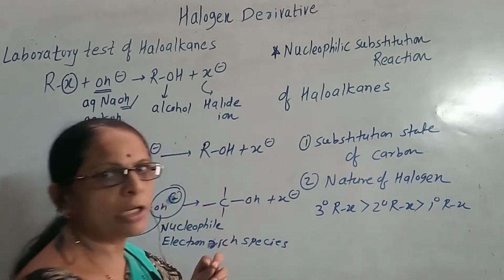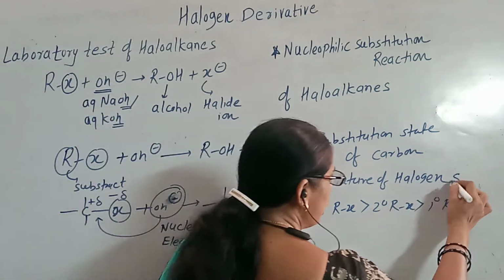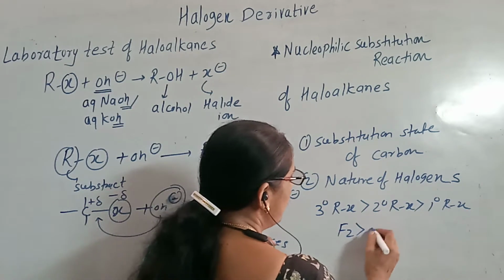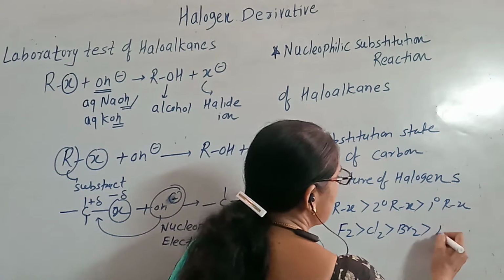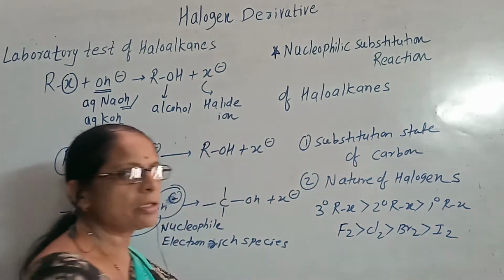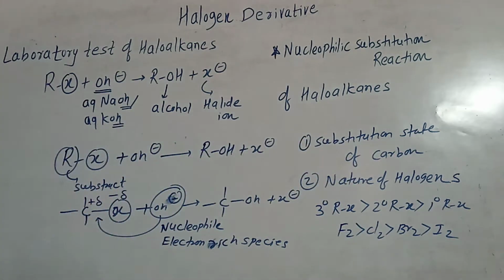Considering the nature of the halogens, fluorine is more reactive than chlorine, chlorine more reactive than bromine, and bromine more reactive than iodine. This is how we consider nucleophilic substitution reactions.